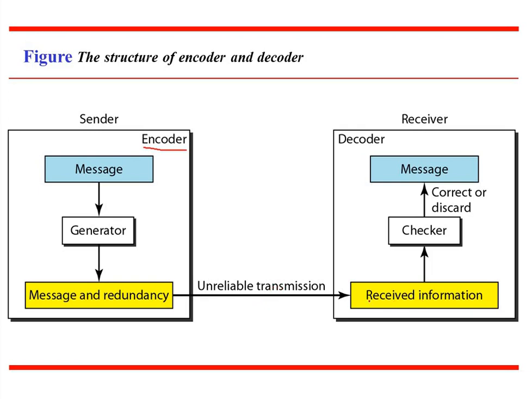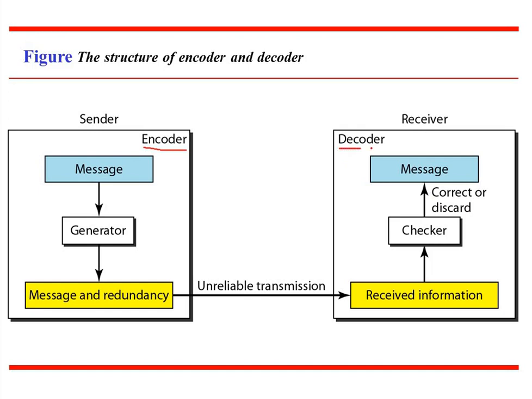At the receiving end you receive the information, which is the message plus redundancy bits, and the checker will check the relation between the redundancy bits and the message data. If the data is found correct, it will be accepted. If not, it will be discarded.